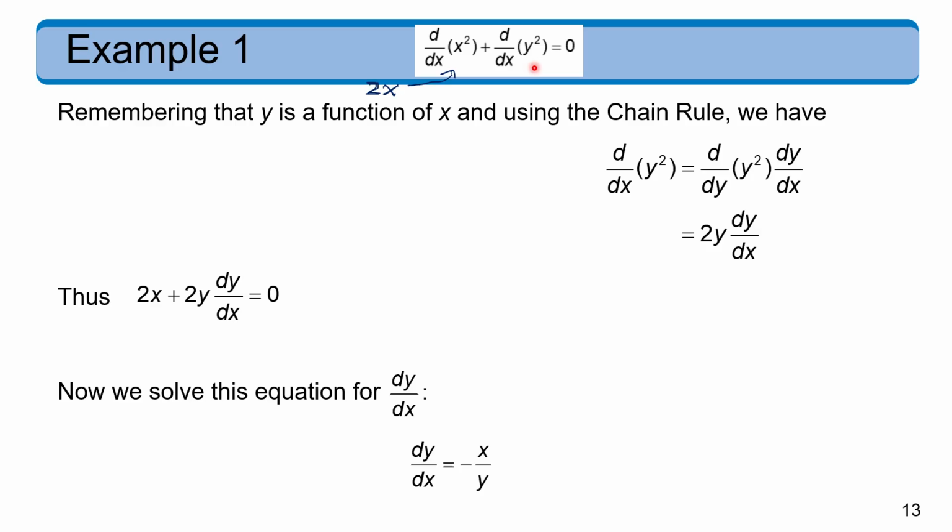It would be very simple. But this is new because the variables are mixed here. So keep in mind that y is a function of x. We've assumed that from the beginning because we're trying to find dy/dx, so we've been assuming y is some implicitly defined function of x.